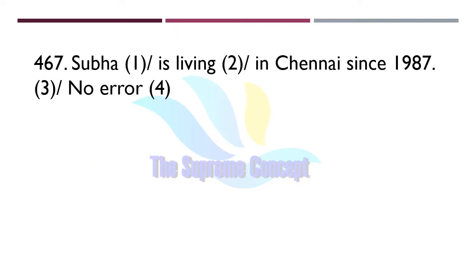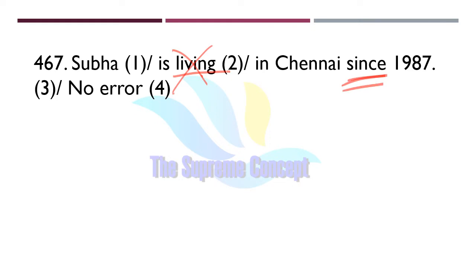Subha is living in Chennai since 1987. Now just mark your answer. Yes, so the error lies in part 2. Is living is wrong. Instead of is living we will use present perfect continuous here, because since represents a particular time in the past which is still continuing.